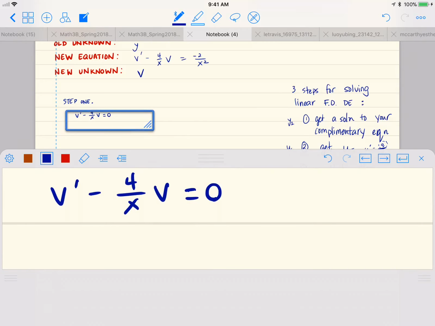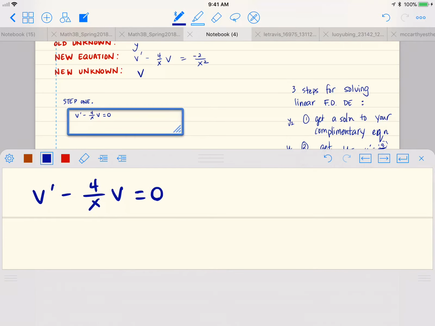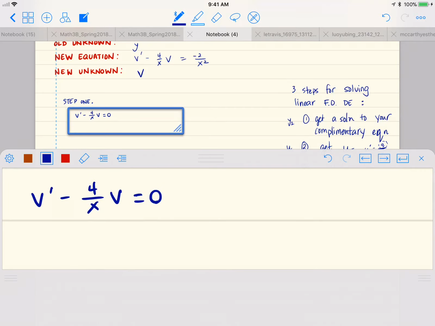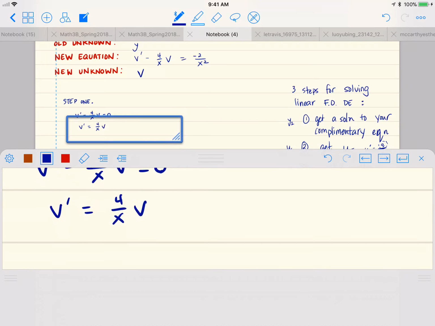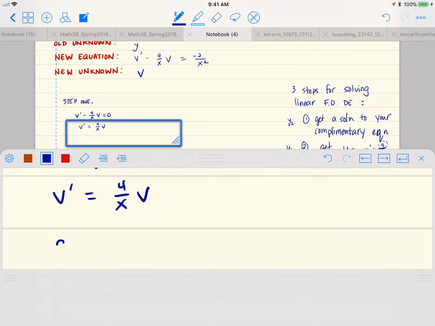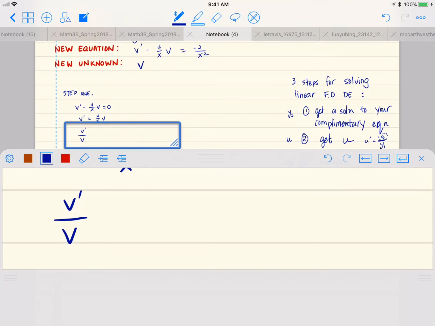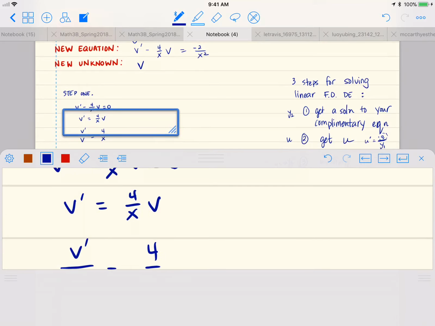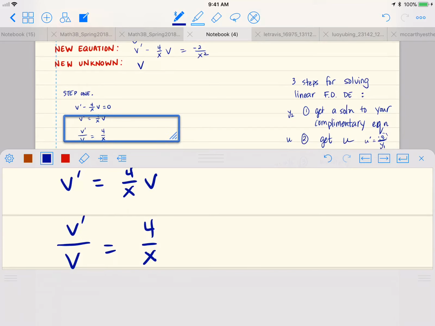Okay, so for step 1, the complementary equation is always a separable equation, so I'm going to rewrite it. So v prime equals 4 over x v. Okay, and now, actually, let me divide both sides by v. So v prime over v equals 4 over x, right? So I'm dividing both sides.